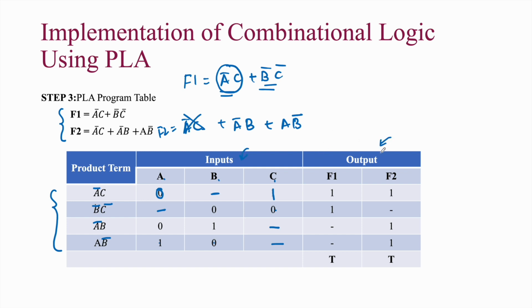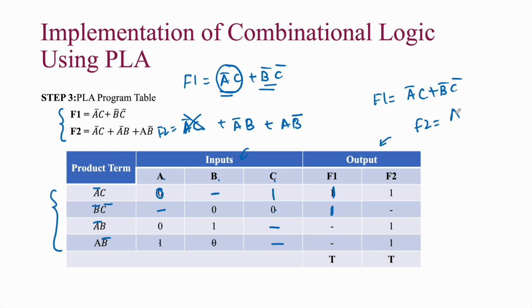Now we have to go for the output table. What are the outputs? We have F1 and F2. What does F1 carry? F1 carries A bar C plus B bar C bar. And similarly, what does F2 carry?